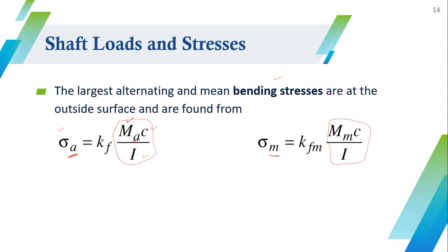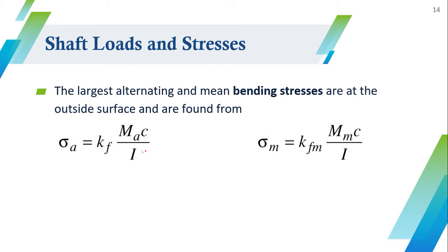And when we want to calculate the mean component of bending stress, we are going to use the mean component of bending moment. Hence we will calculate two components for bending stresses in each case.